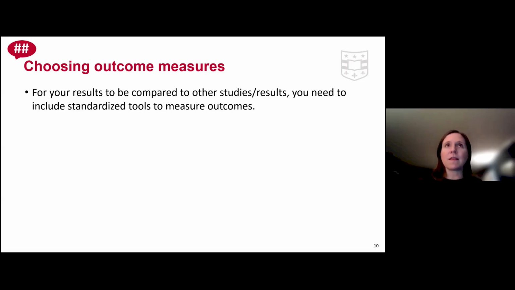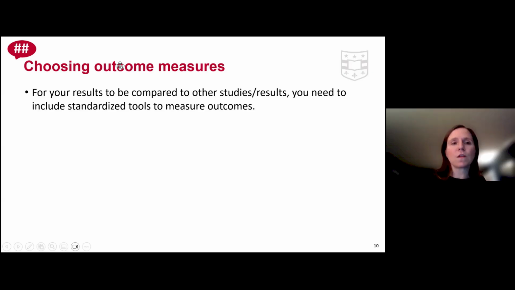I say that very specifically because you may be tempted to create a survey to give to people at the end of some sort of intervention, and that's going to be your outcome measure. Like, are they satisfied with the intervention? Well, you can certainly do that, but that's not going to help you compare your project to another project, because you don't have standardized questions or standardized measures.